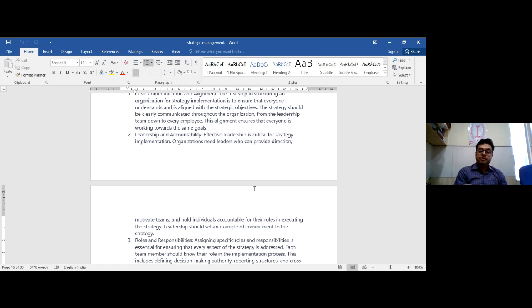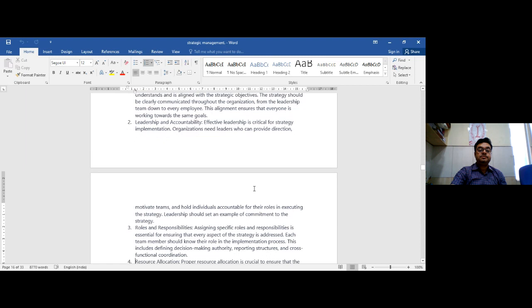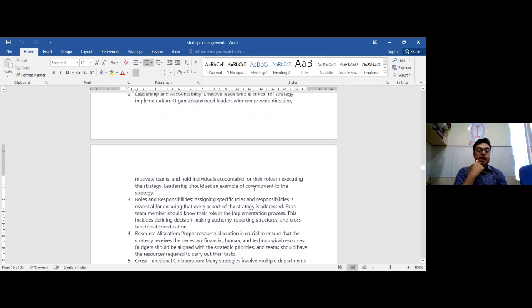So the roles and responsibilities would include assigning specific roles and responsibilities so that every aspect of the strategy can be addressed effectively.